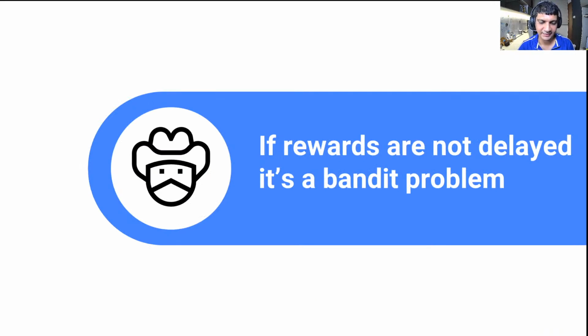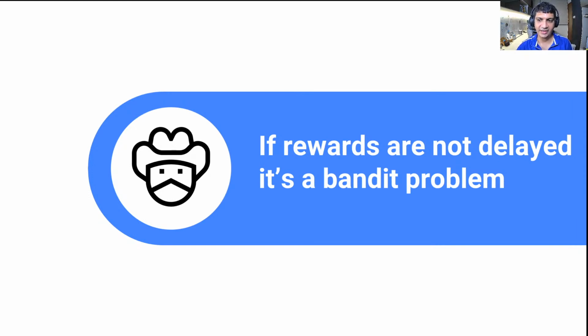Now when the rewards are not delayed, it's a bandit problem. When we looked at reinforcement learning last time, we looked at a lot of different types of algorithms. We discussed algorithms in chess or Go, where your rewards happen after a lot of actions have taken place. You won't know whether the action you're taking right now, or in the next two steps, is going to make you win the game or give you better rewards.